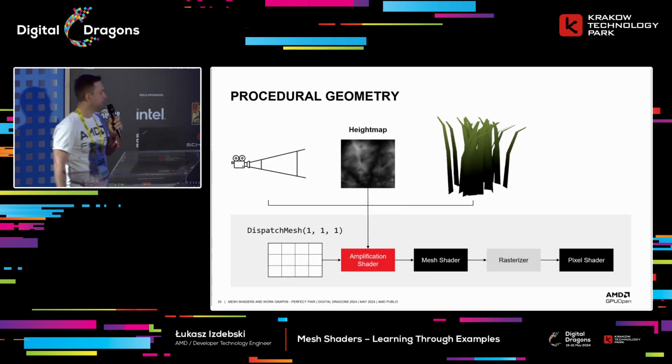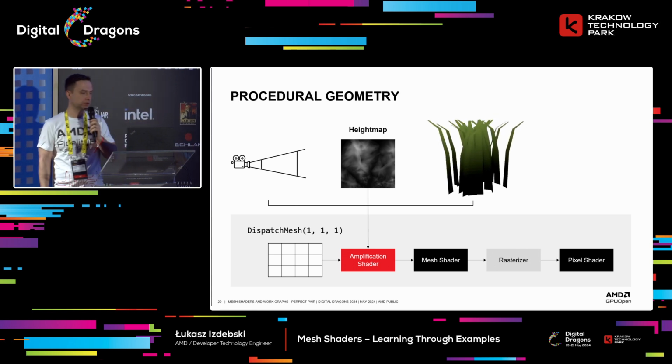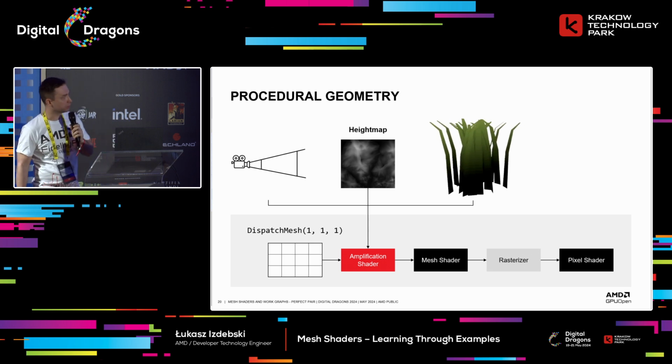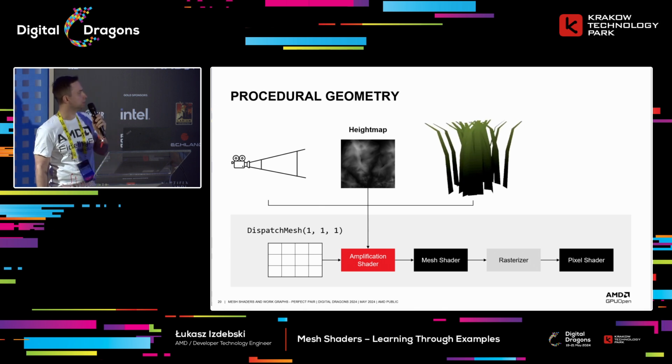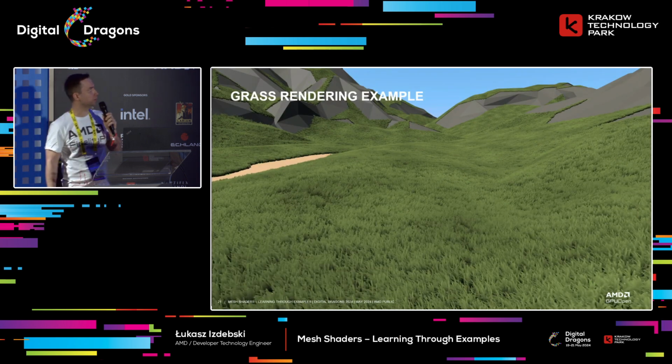But why stop there? On top of that, we can use the amplification shader. When we give the amplification shader a height map, we can spawn those patches of grass more strategically and use height for the spawning. The result is what you see right now on the screen.